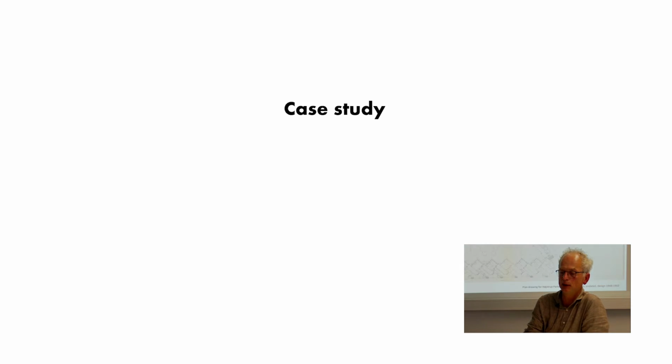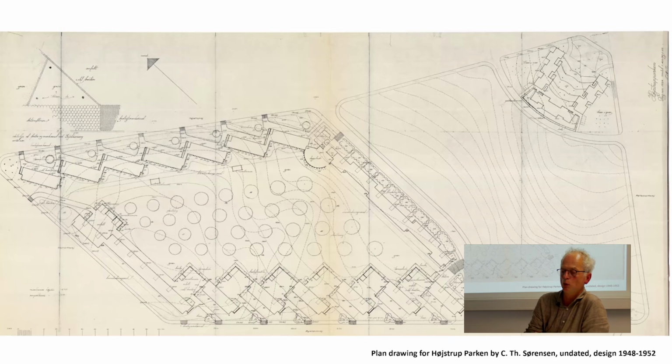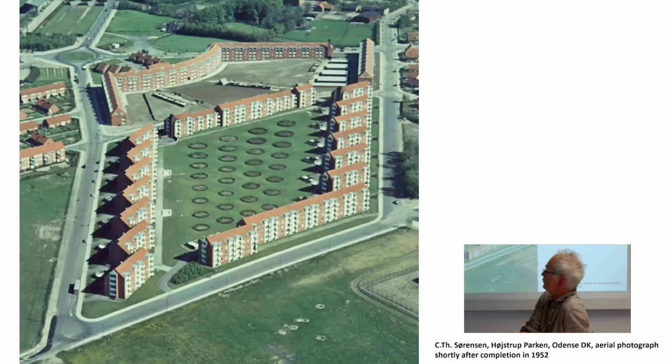And for example, here with Danish students, we worked on an existing project made by the famous Danish landscape architect Sørensen. And this is a plan drawing from the 50s about a small housing object with an inner green structure, and that was what he designed. And if you look at the plan, you think you are looking at trees. But you are looking at circles, and in these circles, Sørensen planted 30 young trees per circle.